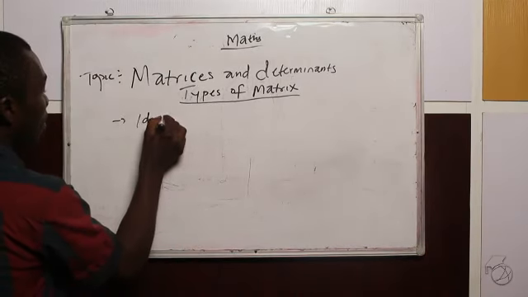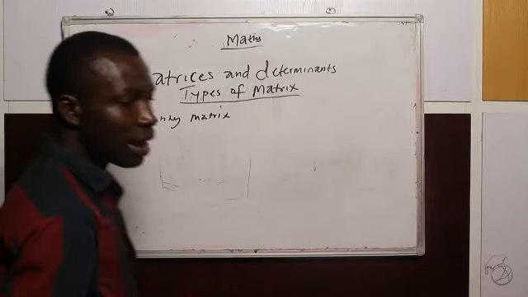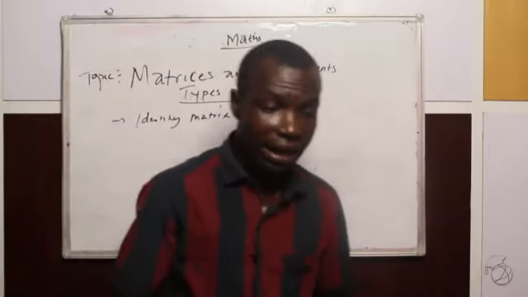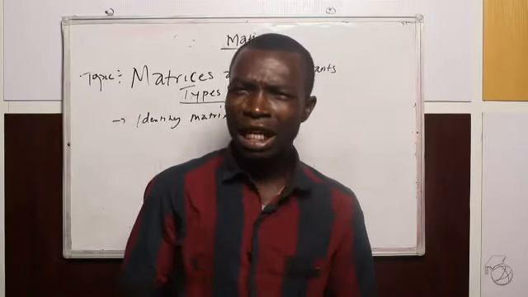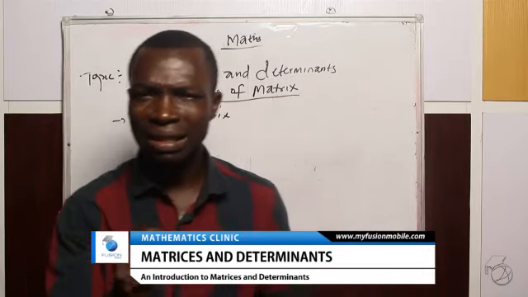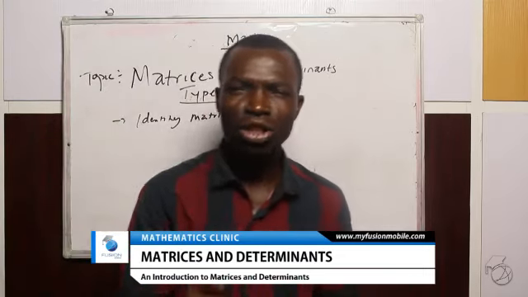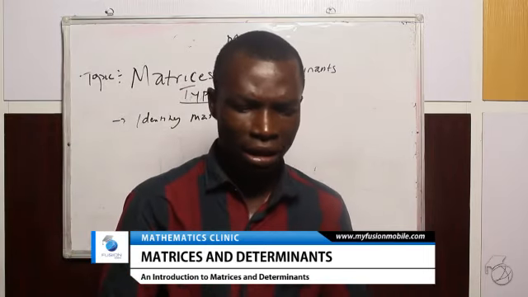Identity matrix. Identity matrix is a type of matrix in which the operation of addition does not change the value of the elements.